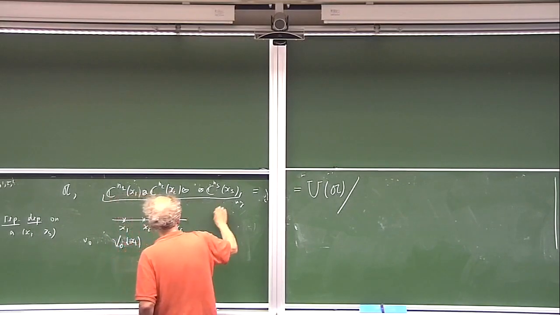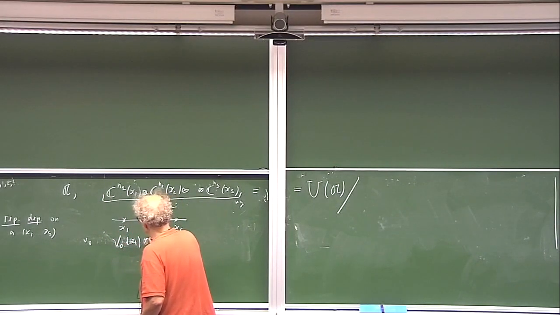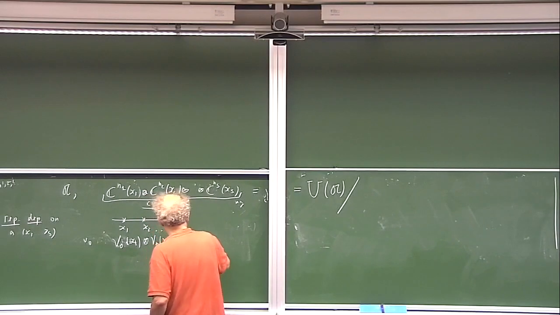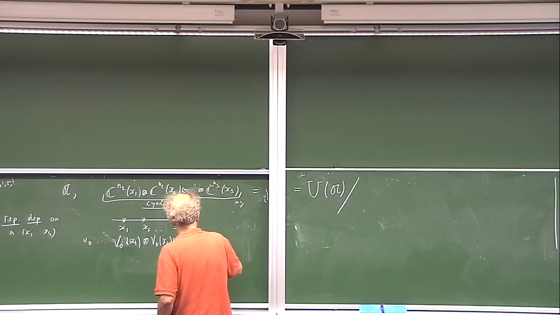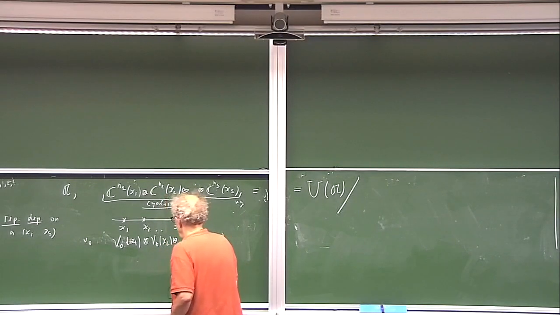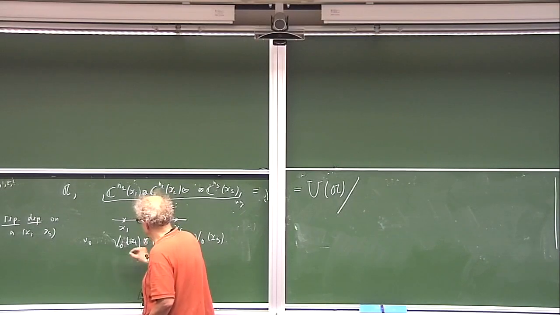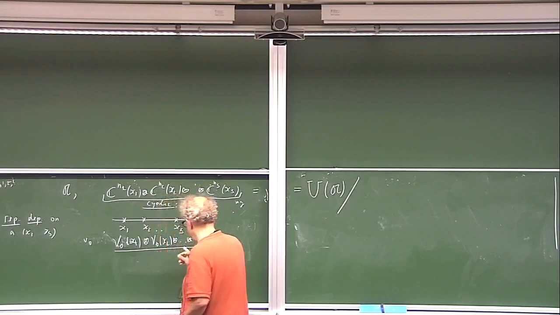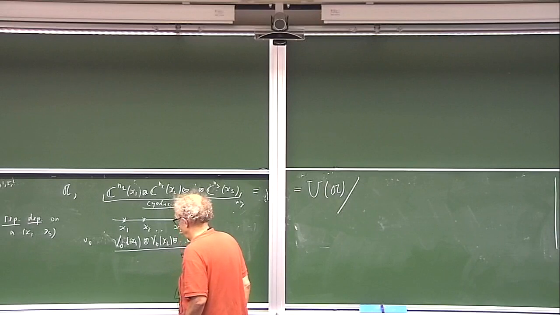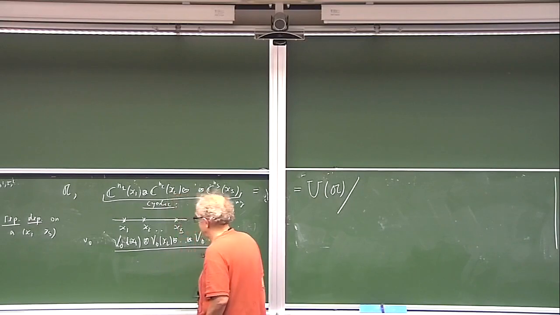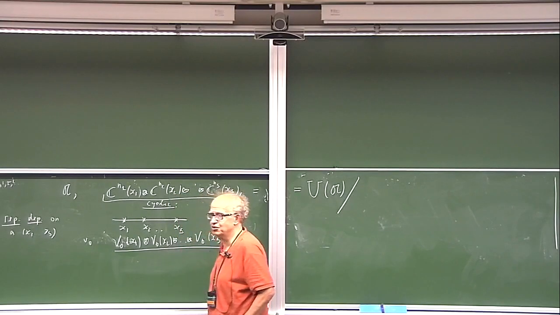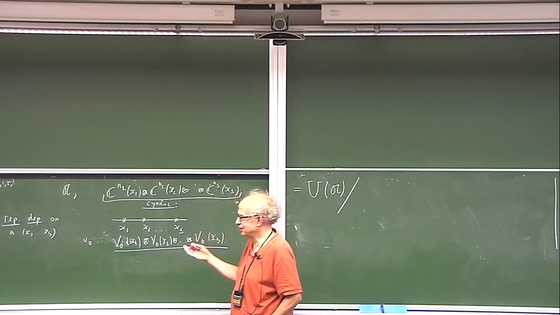And in this tensor product we have a vector like this, V0 x2, times and so on, V0 xs. I said that this is a cyclic vector, but more precisely the cyclic vector is this. It is a natural choice of cyclic vector.